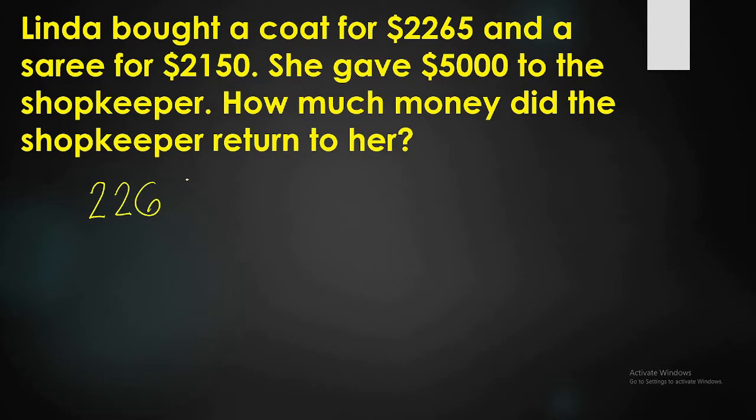Okay, I will be adding 2,265 and 2,150. Why are you adding the two, by the way? So, the things she bought. Meaning, you get the total cost of what she bought. Okay, I get that. Now, what will be the sum, Rusty?